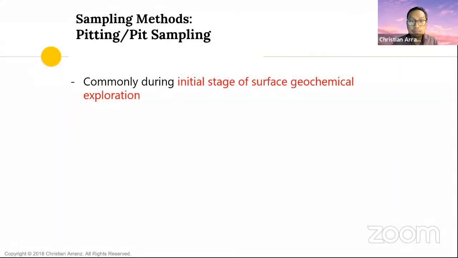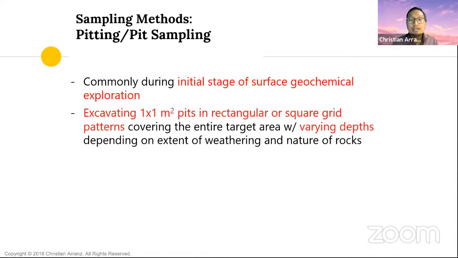Okay, so we have what we call pit sampling or pitting. From the word itself, you have a pit. Okay, so this is commonly done during the initial geochemical exploration phases, wherein you dig pits basically na ganito yung kanyang dimensions, pwedeng 1 by 1 square meter. Then the heights would actually vary.